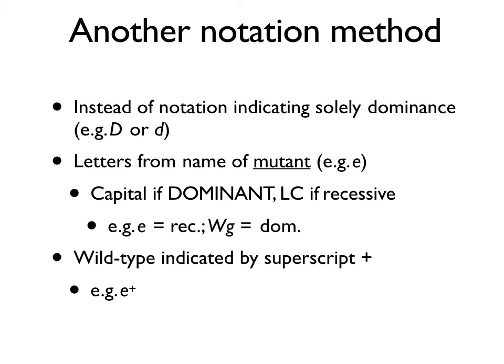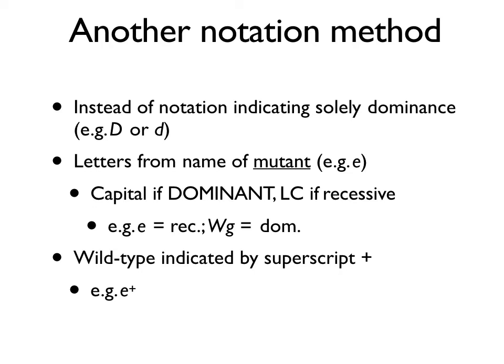And for that reason, we do use other means of expressing alleles that reflect whether they are the wild type or simply expressing their differences from other alleles. And so, again, the letters generally come from the name of the mutant.